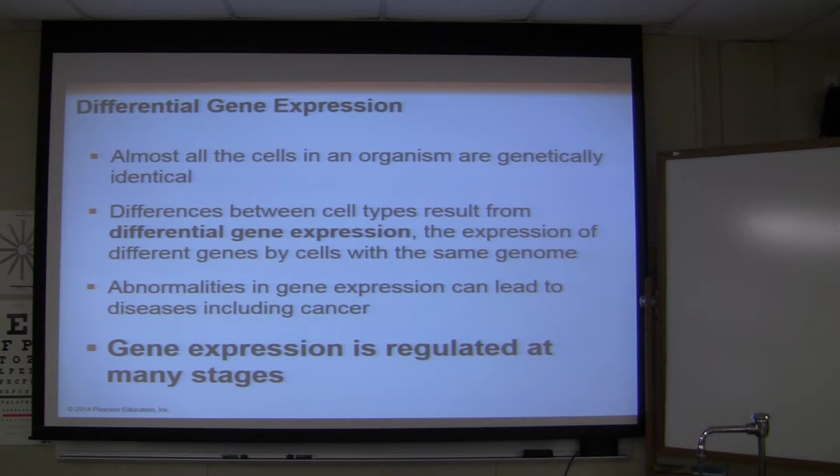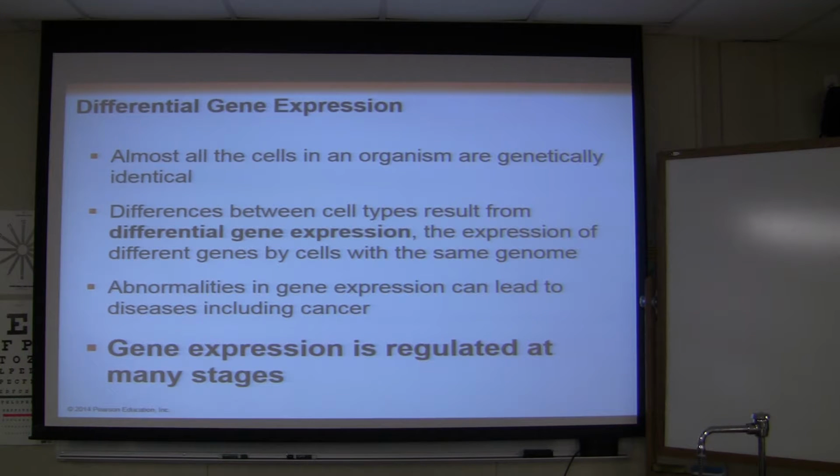What are the differences between meiosis and mitosis? Differences between cell types result from differential gene expression. Bone cells make a different type of protein molecule than muscle cells. Liver cells make a different protein molecule than your eye cells.